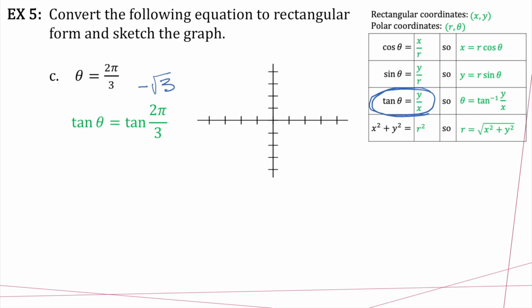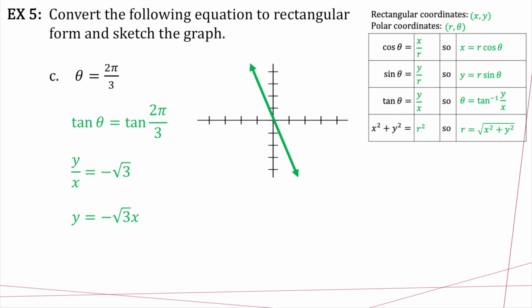And then the tangent of theta I know is y over x. So I know that y over x equals negative root 3. So y equals negative root 3x, and that's a line. Again, would you have thought of that on your own? Maybe not, but we're in learning mode here. So I'm just teaching you some different tricks.